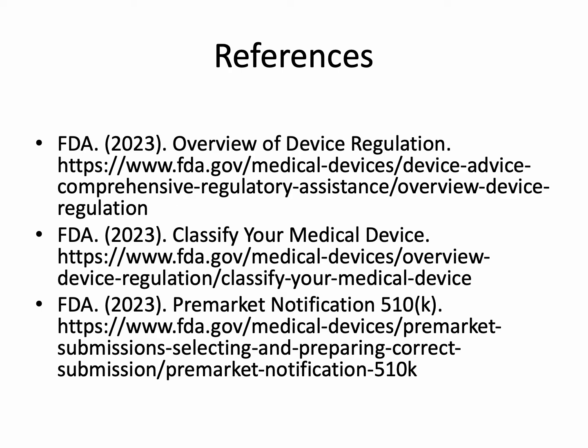FDA 2023 details classification criteria for Class I, II, and III devices, guiding compliance. Pre-market notification 510(k). FDA 2023 explains the 510(k) process for demonstrating substantial equivalence. These sources provide a strong foundation for navigating FDA regulations, aligning with course objectives to foster compliant device innovation.